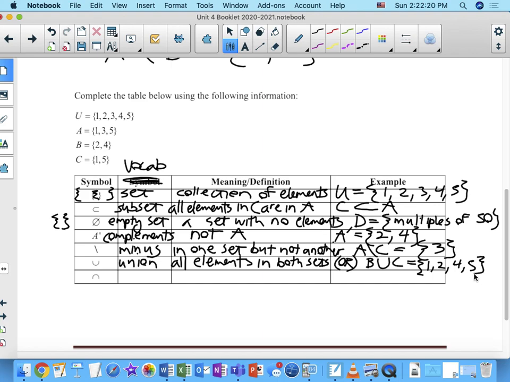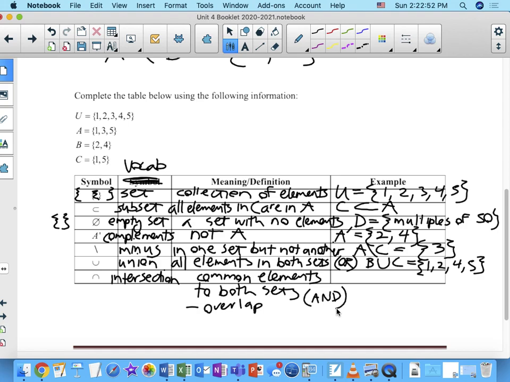Okay, and then the last one is the intersection. Okay, and it's the common elements to both sets. Right, or the overlap, right? So you want to think of the word and here.